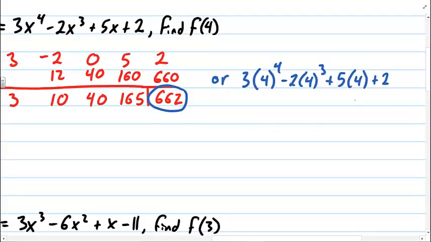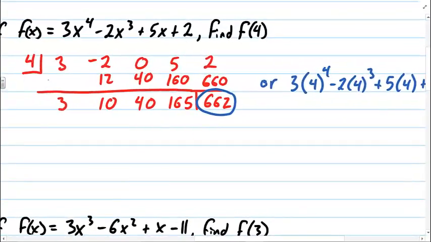The 2 is fine. That's 20. 4 to the 3rd is 64 times 2 would be 128, I guess. And 4 to the 4th, I don't know that. And then I got to take it times 3. These numbers are just big. Over here, I was multiplying 4 times 3 or 4 times 10, and it was just much quicker. If you type all that into your calculator, though, you're going to get 662 just like you did.